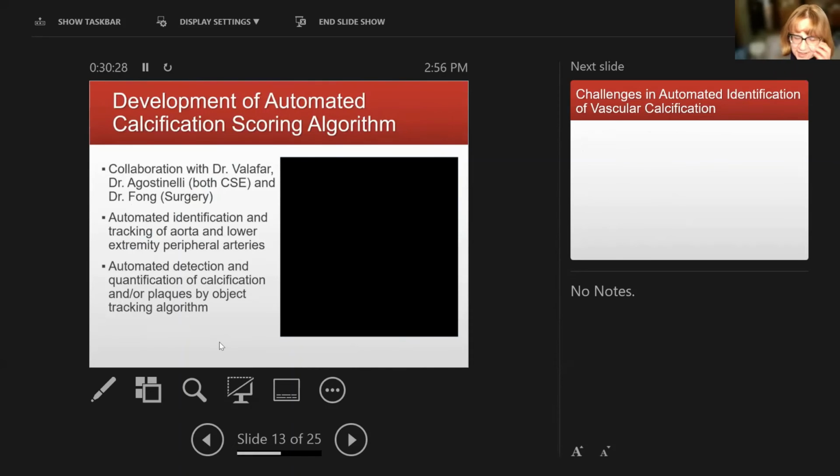Unfortunately, my CT movie is not working. But what we did initially was just to use image segmentation to identify the blood vessels. When these patients undergo CTA, they're injected with a contrast agent, which allows you to visualize the blood vessels, and the calcified areas appear as higher intensity regions.